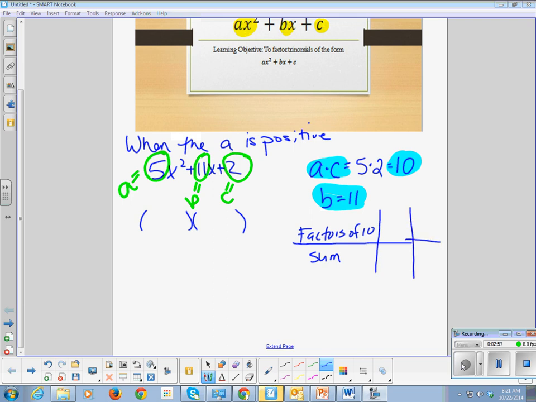Because I'm a math teacher, I know 1 times 10 will give me 10. I also know that 2 times 5 will give me 10. What is 1 plus 10? 11, and 2 plus 5 is 7.